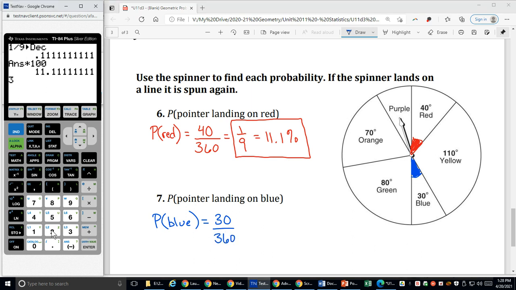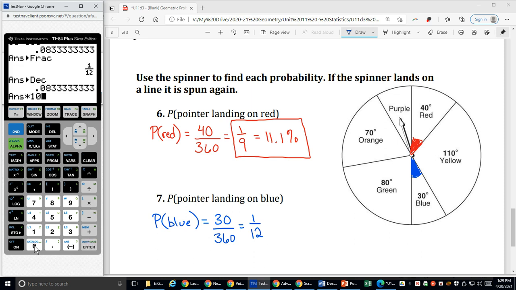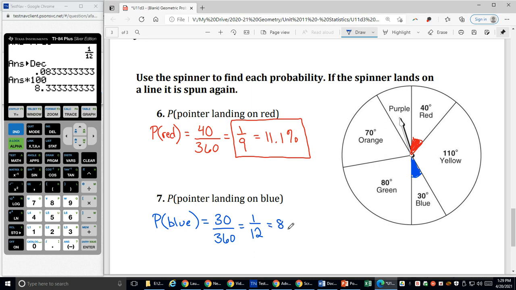So 30 out of 360 is 1/12. And then as a decimal, times 100 gives me 8.3% for my probability of landing in the blue section.